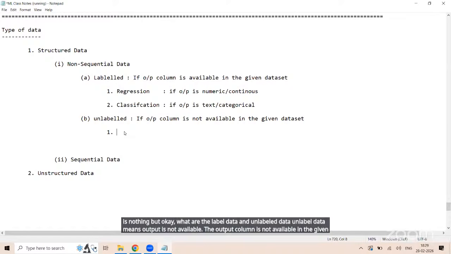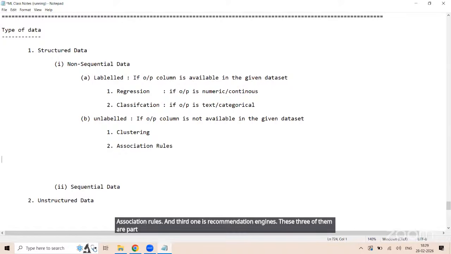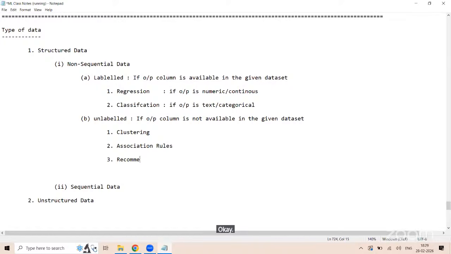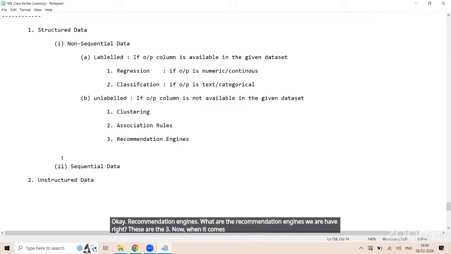For this, what are the projects we are going to apply? Clustering, association rules, and the third one is recommendation engines. These three are part of the unlabeled data. Now, when it comes to the sequential data within the structured data.